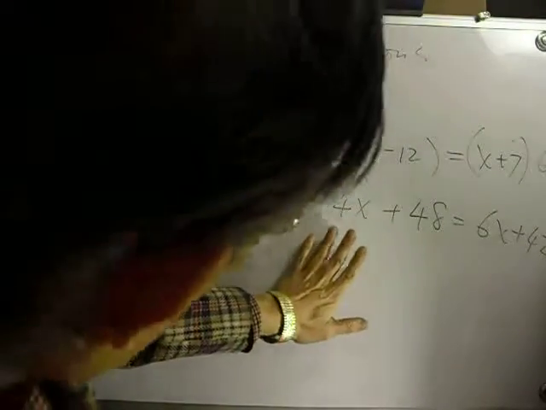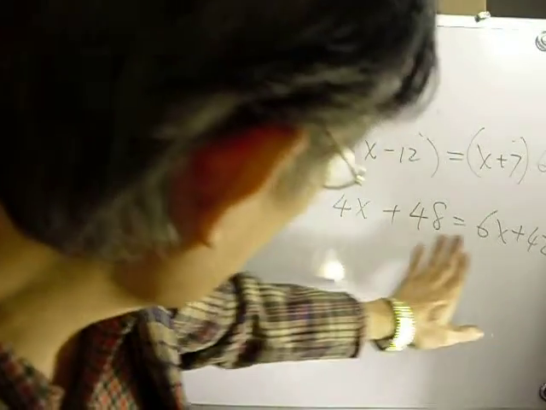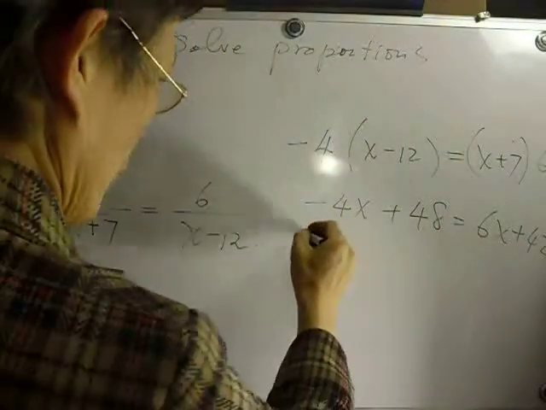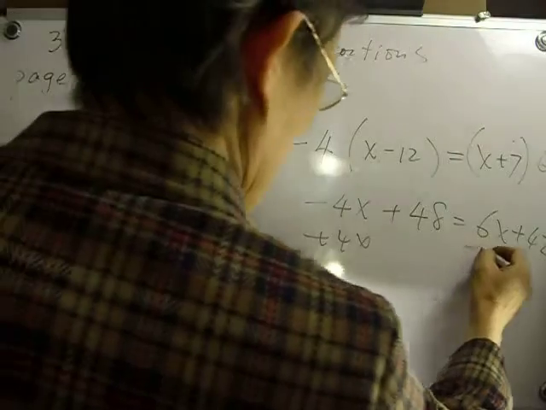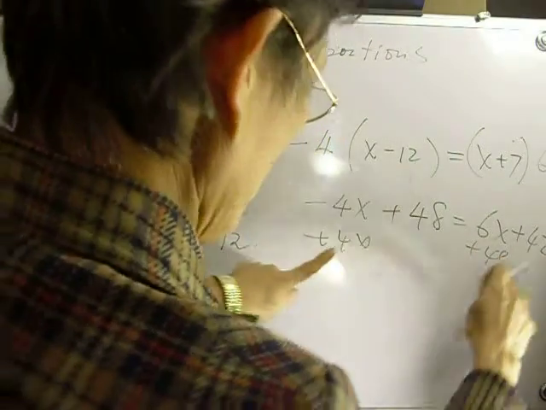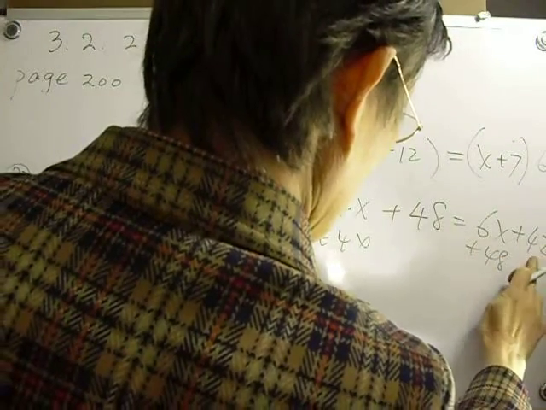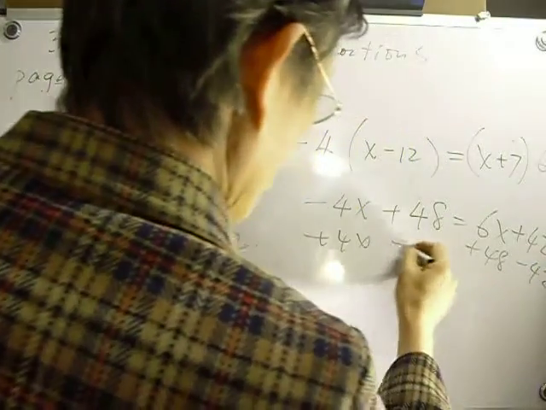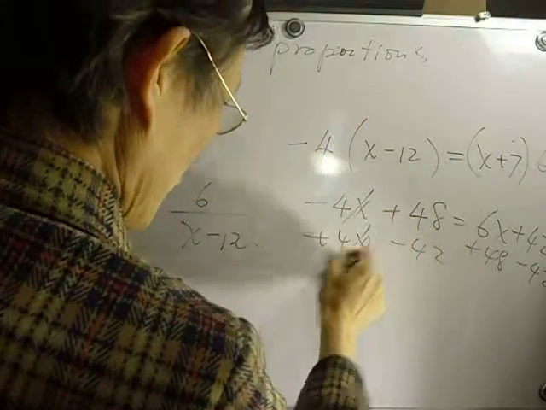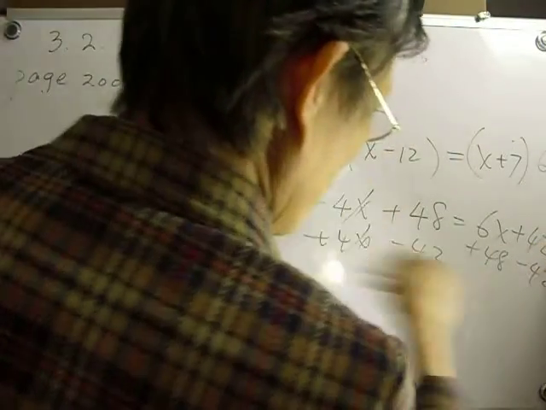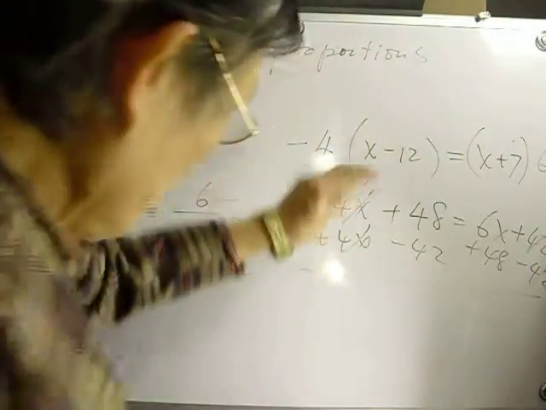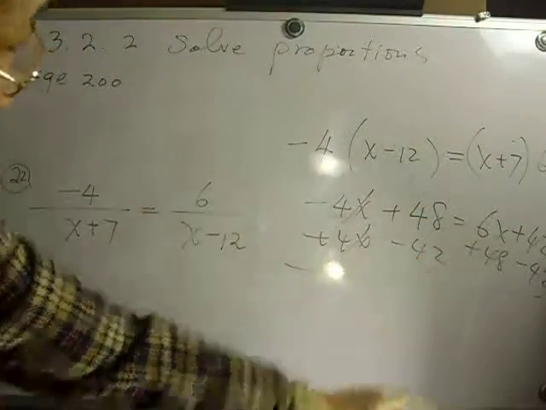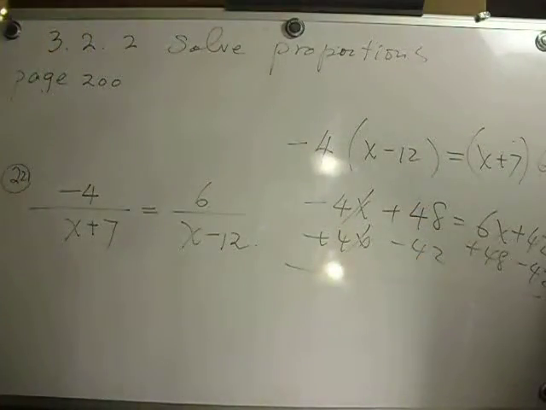And simplify. You see the x variable term and a constant term. You add 4x to both sides. At the same time, you want to move this 48 to the other side, so you subtract 42. This 42 cancels out. You can do the two steps together.